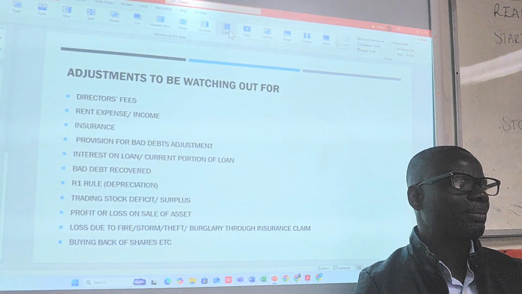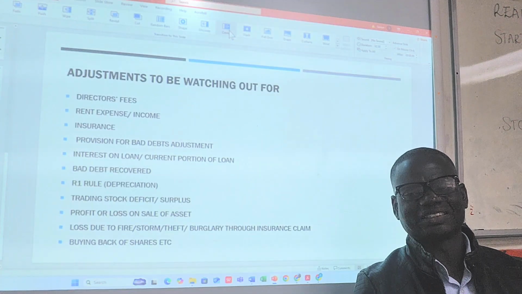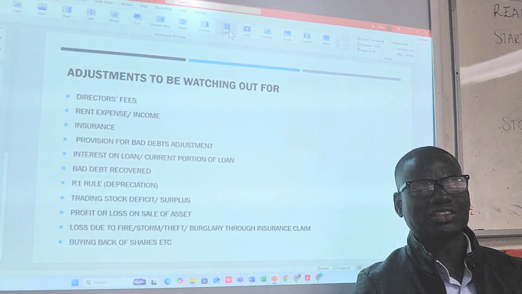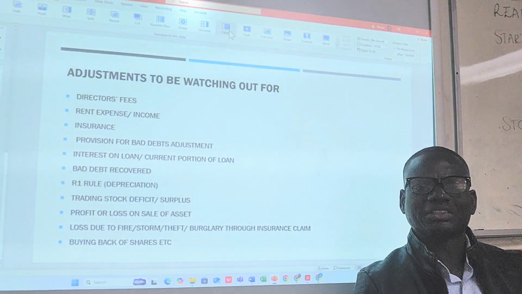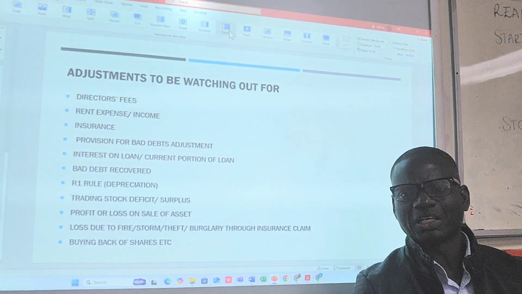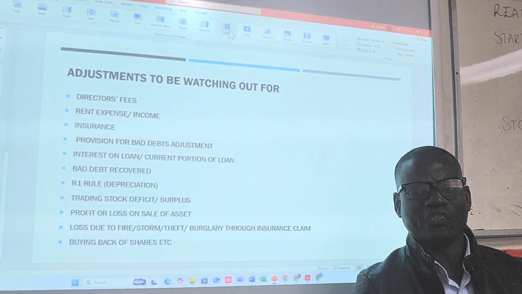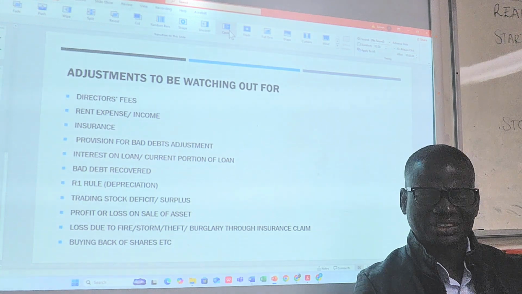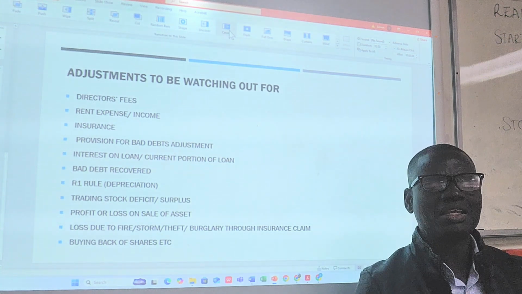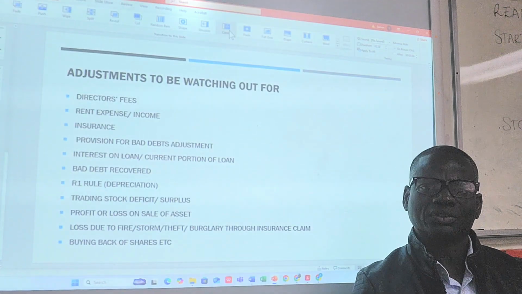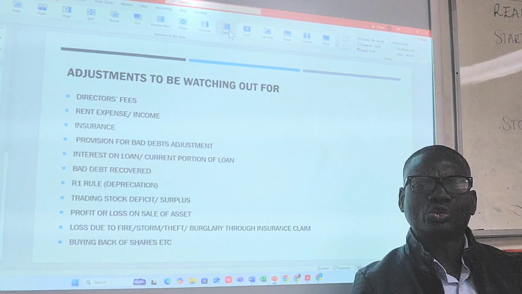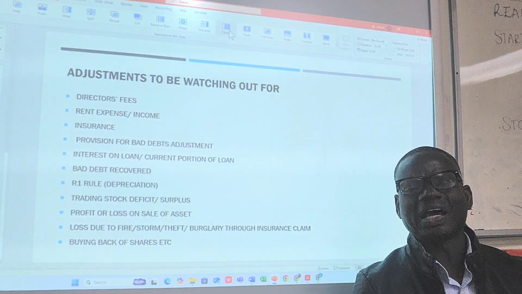Let's go to the buying back of shares. That one is very tedious. It goes to the statement of financial position. It is very serious to settle, because you have to calculate so many things. In fact, it can even take you to do number 7 in the financial statements, so that you figure out what the average price is.